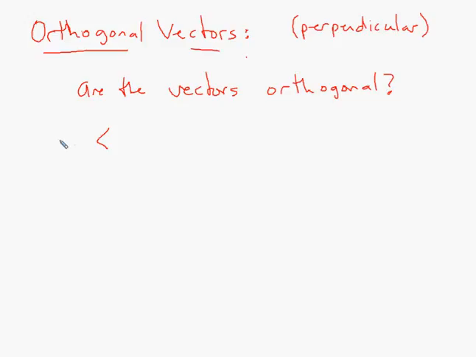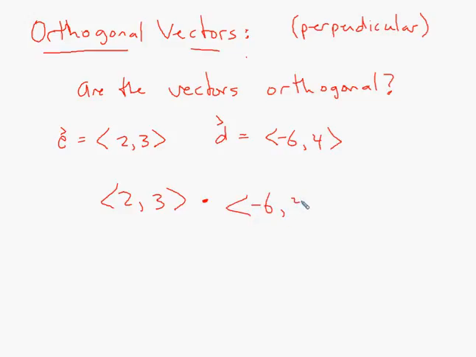So let's say vector C is 2, 3, and vector D is, let's say, negative 6, 4. All right, I'll do my dot product.